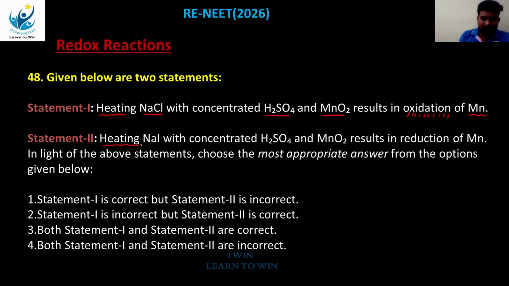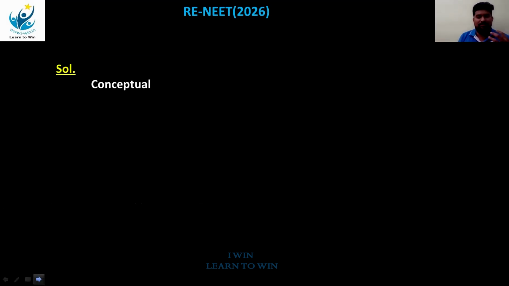Here it is the same mechanism, but the reactants are different. NaI with the same reagents H2SO4 and MnO2, and it is saying the reduction of Mn. I say this is a conceptual thing, but do not worry, I'll try to explain it clearly.